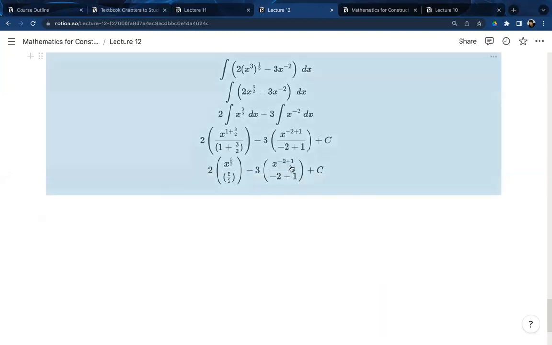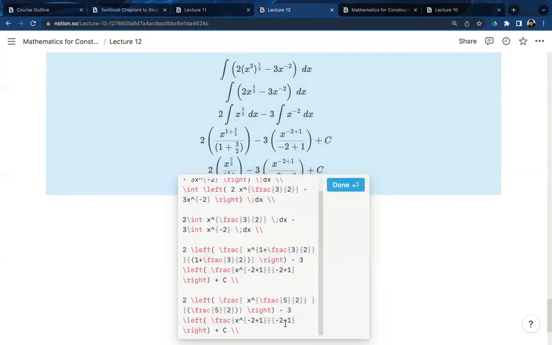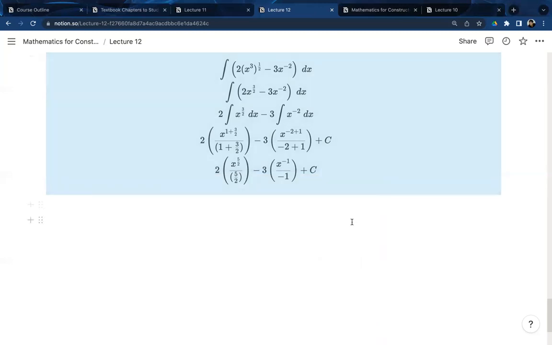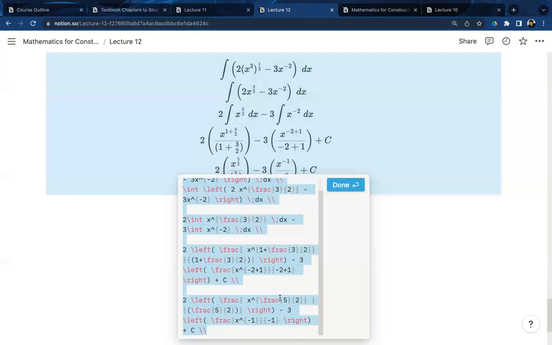This here, minus 2 plus 1 is negative 1. This minus 1 and this minus 3 would cancel here to give plus. So write a new line.